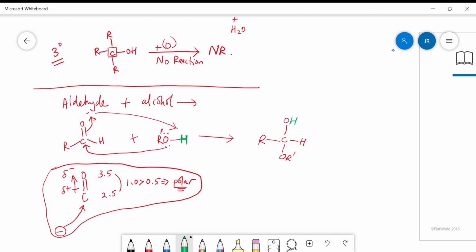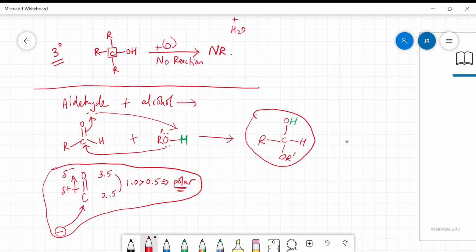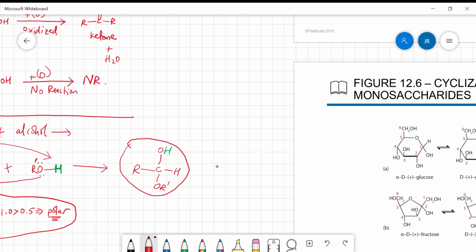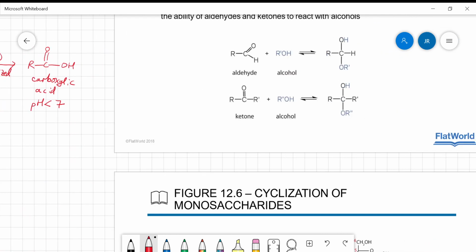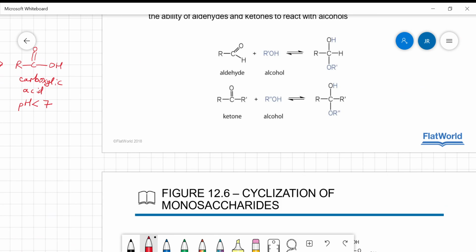So if you look at this structure, this structure is exactly what we had over here on this slide.